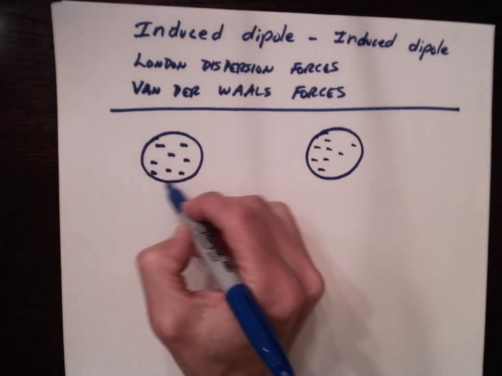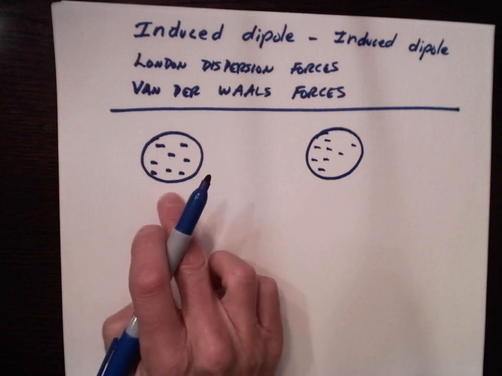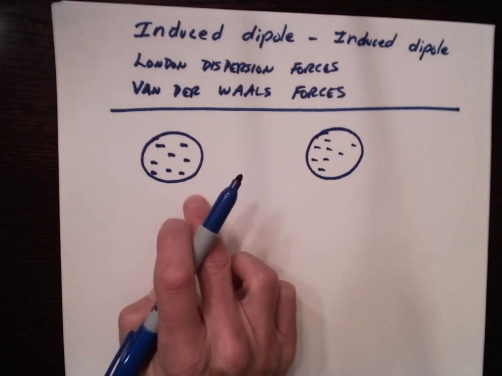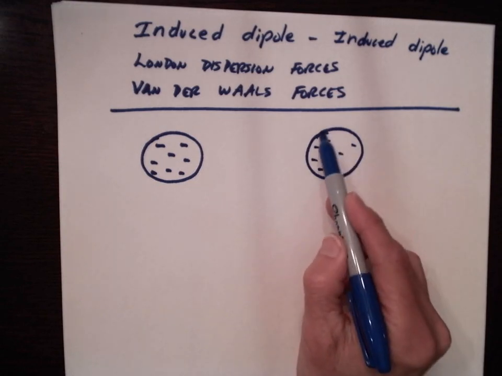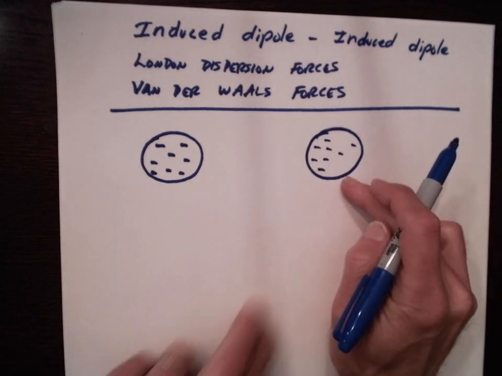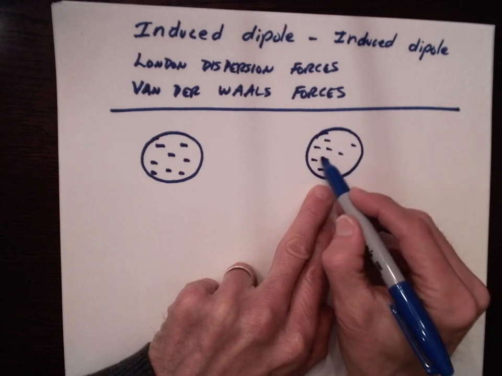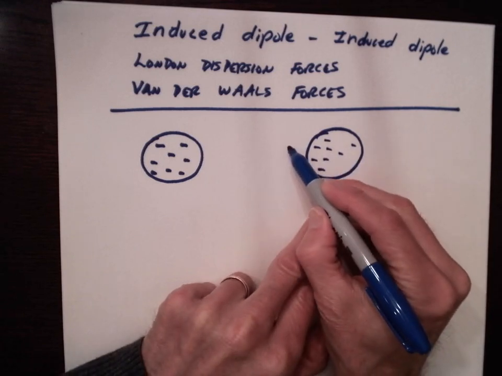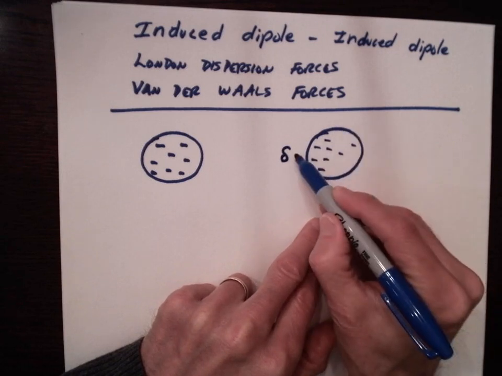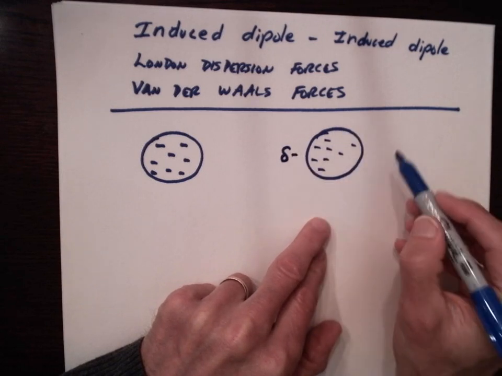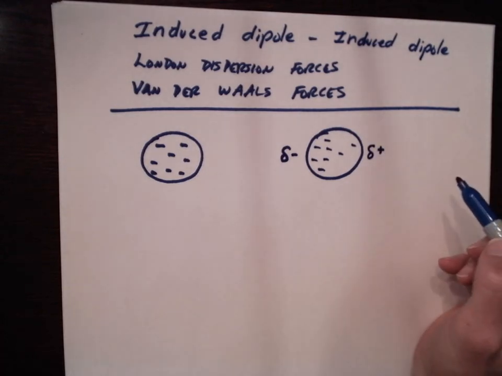Now here, if I look at this even distribution, we'd say, well, there's no part of this entity that's more positive or more negative than the other. But over here, with this non-uniform distribution, we'd say, well, with more electrons over here, this part of our molecule, again, which we're representing as a circle, is going to be slightly negative, and this part is going to be slightly positive.